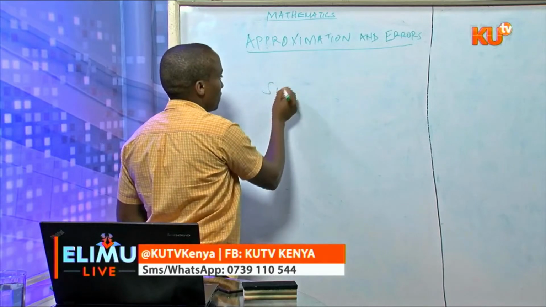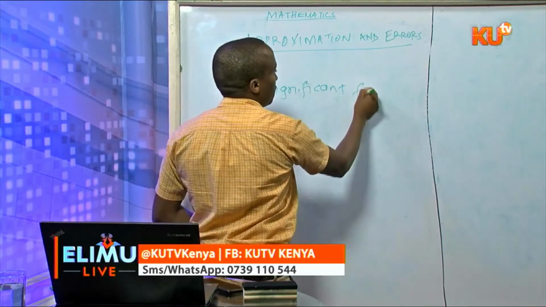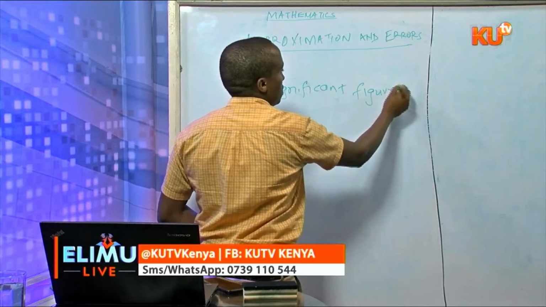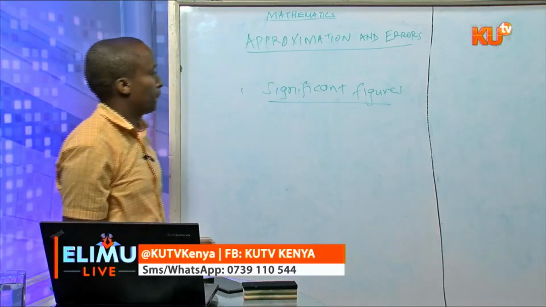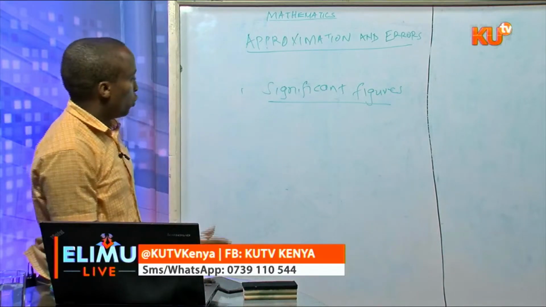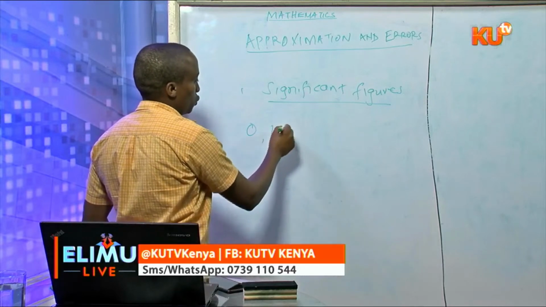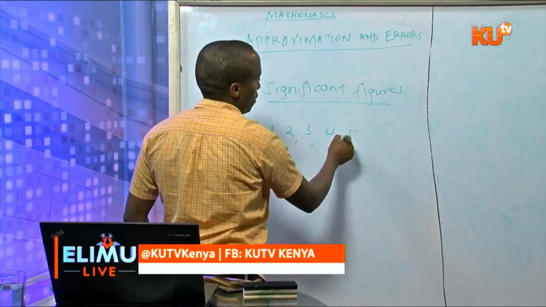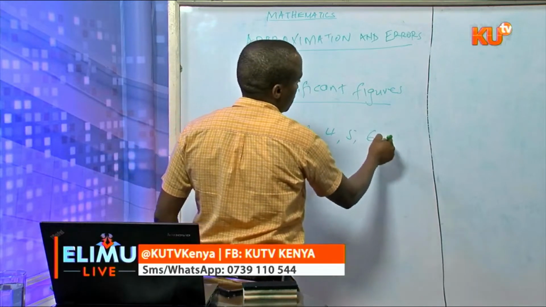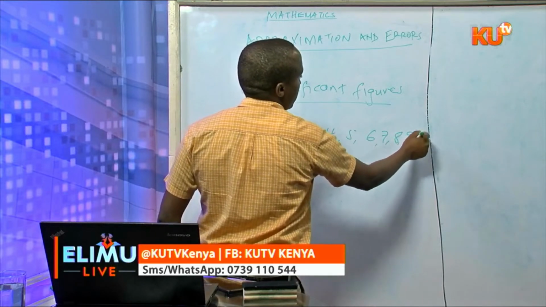That is the significant figures. This is one of the areas that we need to know in this topic. Significant figures start from 0, 1, 2, 3, 4, 5, 6, 7, 8, 9.